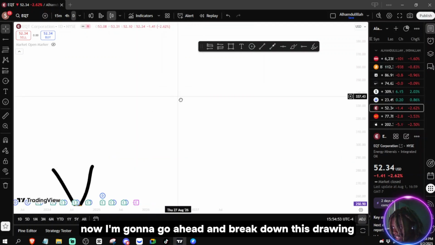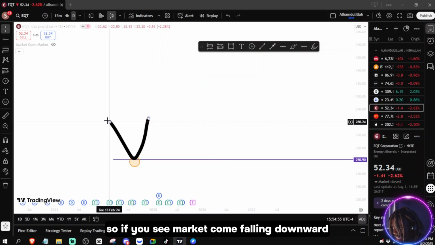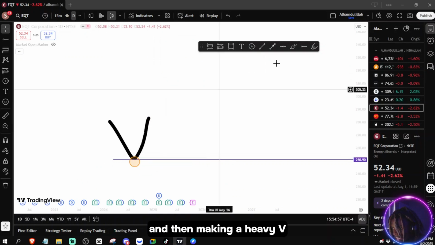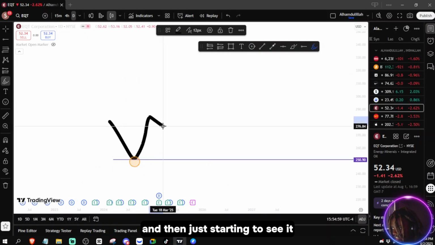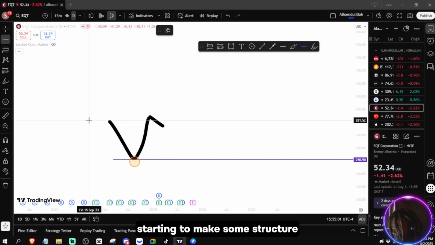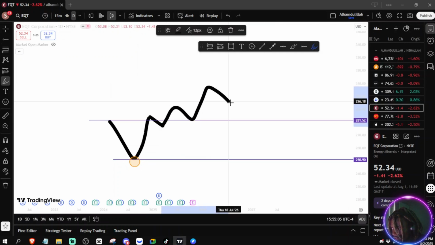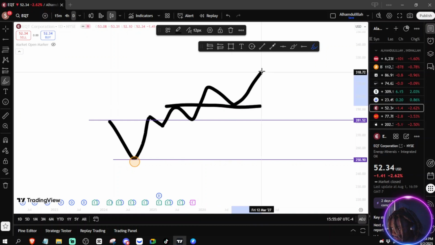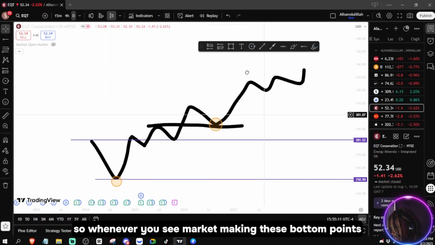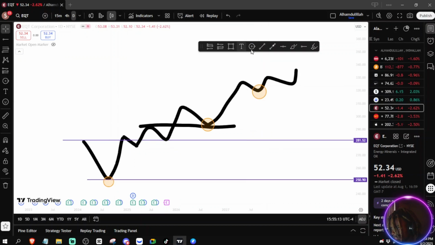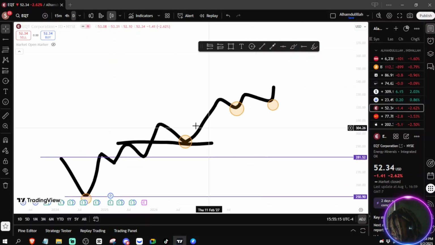Now I'm going to go ahead and break down this drawing. If you see the market come falling downward and then making a heavy V, and then starting to make some structure, whenever you see the market making these bottom points, that's going to indicate support.